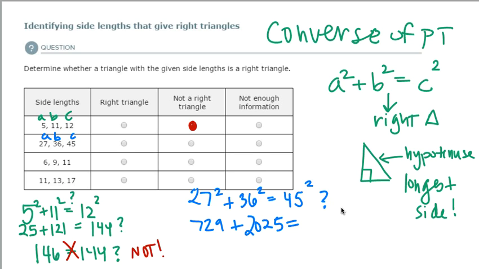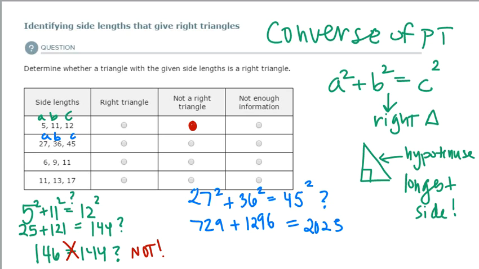And 45, oops. Hold on a second. 45 times 45 is 2025. I typed that wrong. So now let's try 36 times 36. That's better. 1,296. Okay.